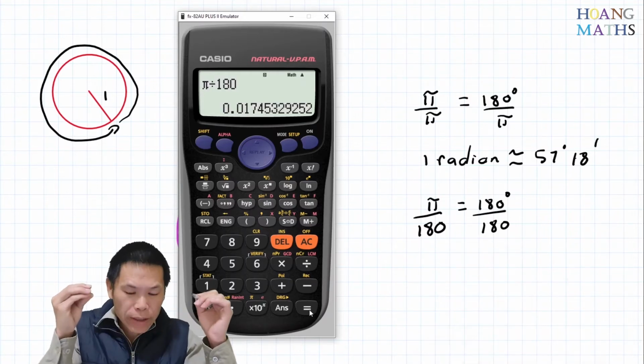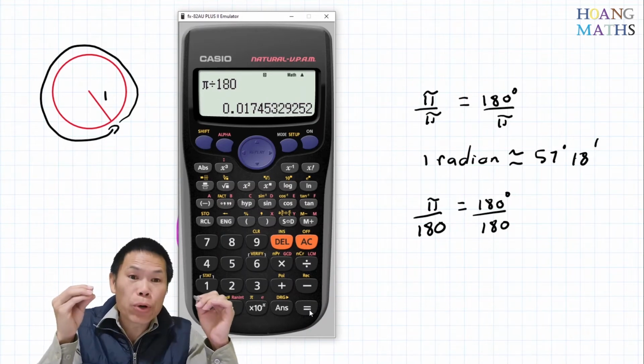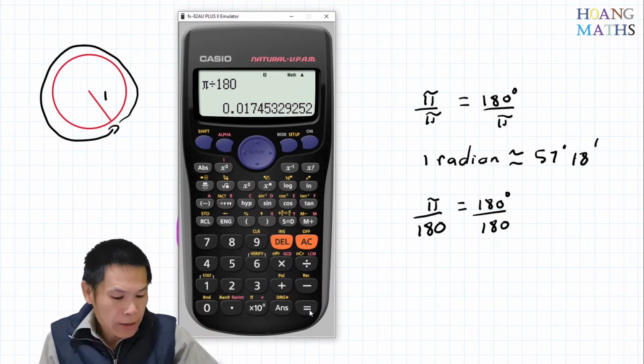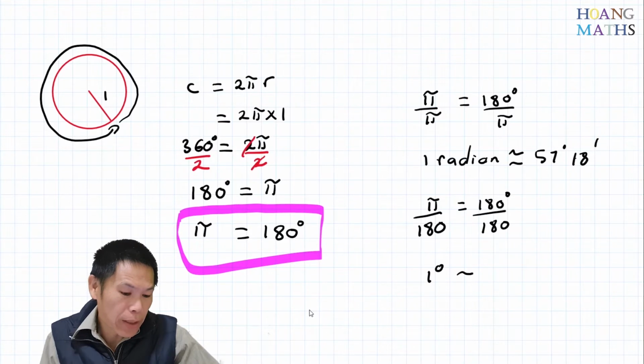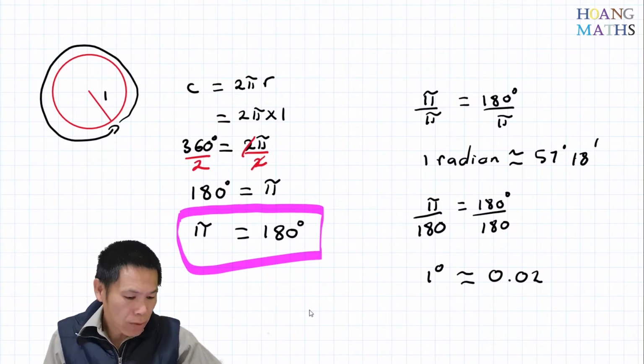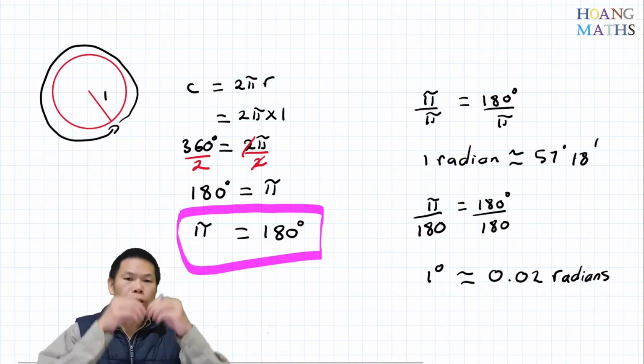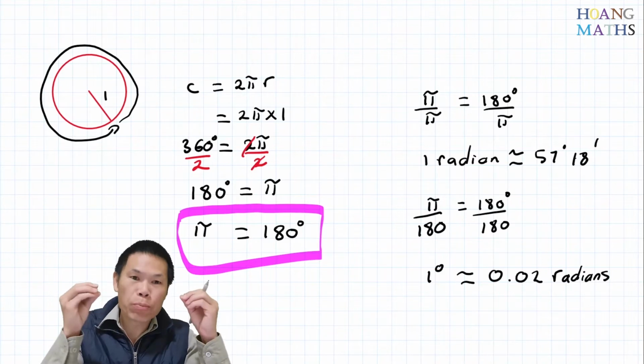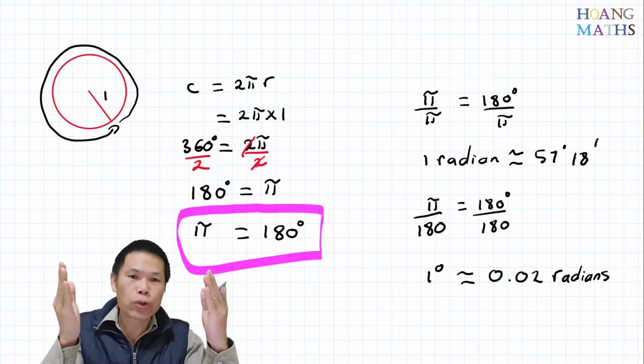Therefore 1 degree is roughly about 0.02 radians, corrected to two decimal places.